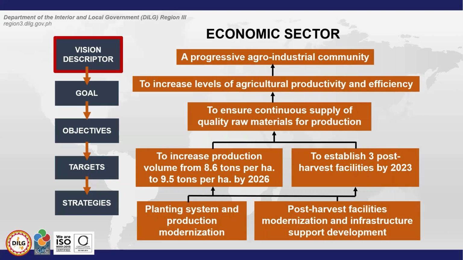The targets are to increase production volume from 8.6 tons per hectare to 9.5 tons per hectare by year 2026, and to establish 3 post-harvest facilities by year 2023. And the strategies are planting system and production modernization, and post-harvest facilities modernization and infrastructure support development.